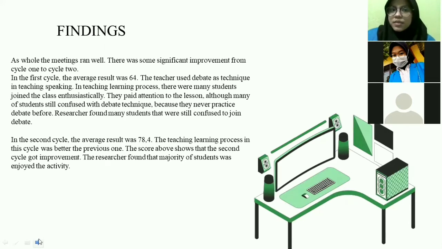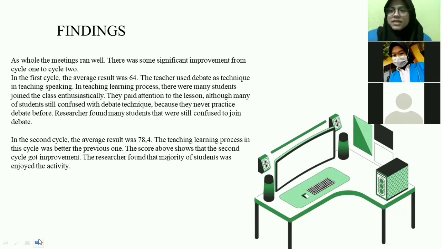In the teaching learning process, many students joined the class enthusiastically. They paid attention to the lesson, although many of the students felt confused with the debate technique because they had never practiced debate before. The researcher found many students were still confused about joining the debate.